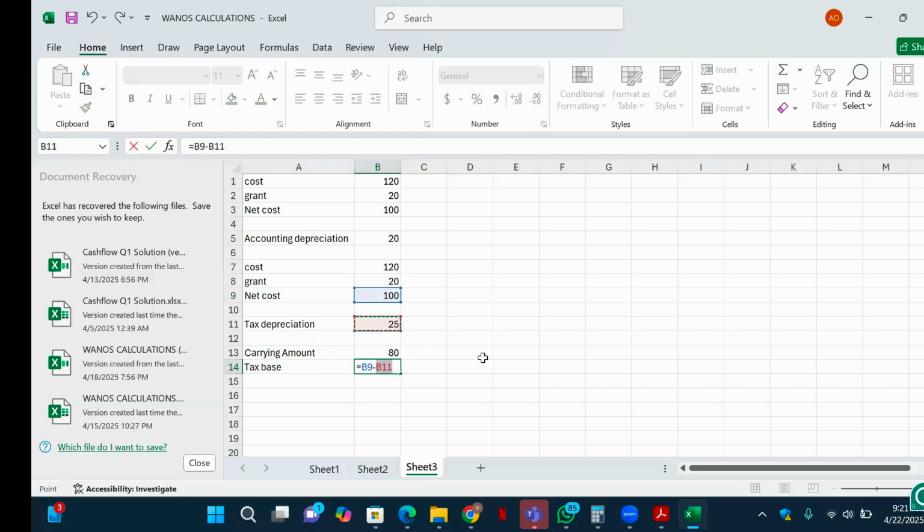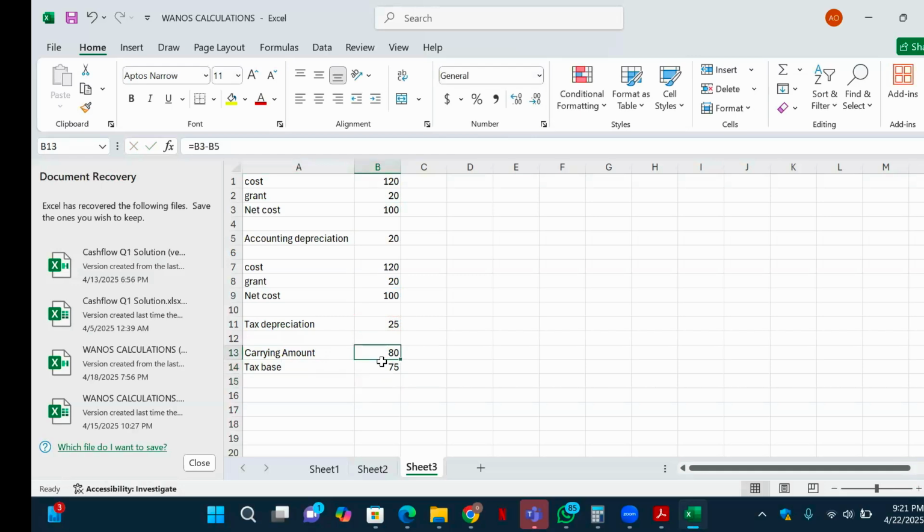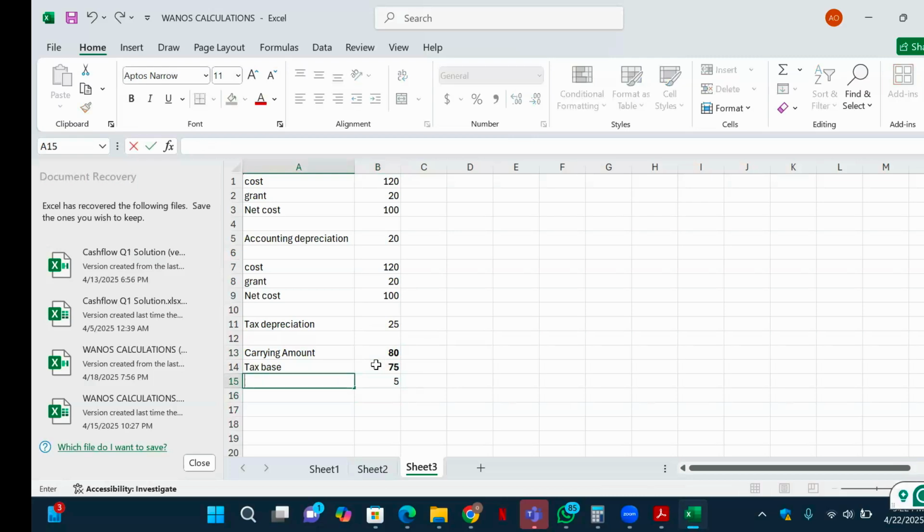And that gave me 75. So in this instance, carrying amount is greater than tax base. We said whenever your carrying amount is greater than tax base, it only means that the tax authority is subjecting a lower amount to tax now, but they will still subject the remaining over time in the future. So this should be a taxable temporary difference.